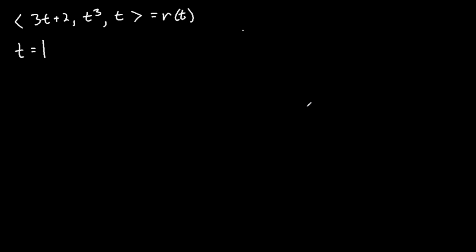parallel to the tangent line at t equals 1, you can actually use the vector equation of a line. Very old fashioned, but I don't know if you remember this, but it's x null, y null, z null plus t of x, y, z.